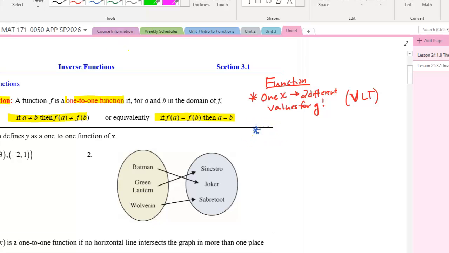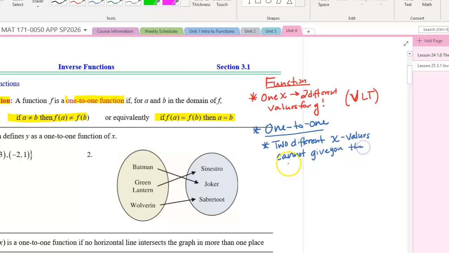Well, think about it this way. For a function to be one-to-one, first of all, this has to apply because it has to be a function. But then to go a step further, if it's a one-to-one function, then two different x values cannot give you the same y value.